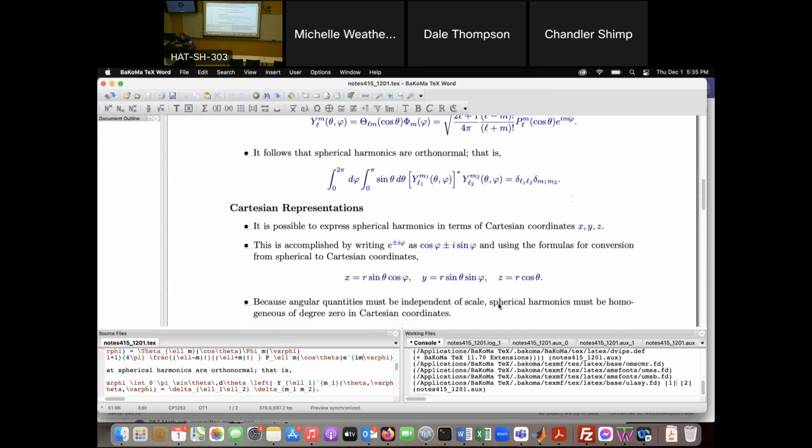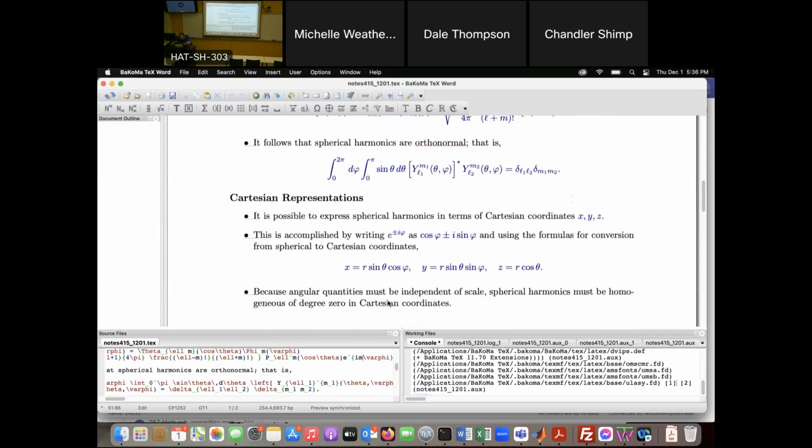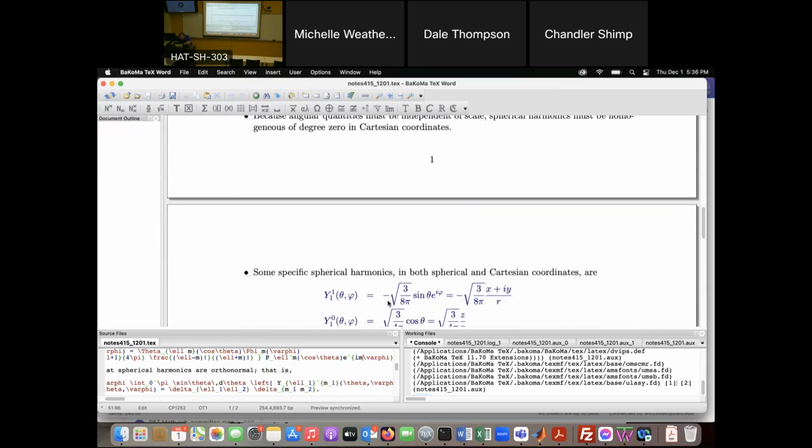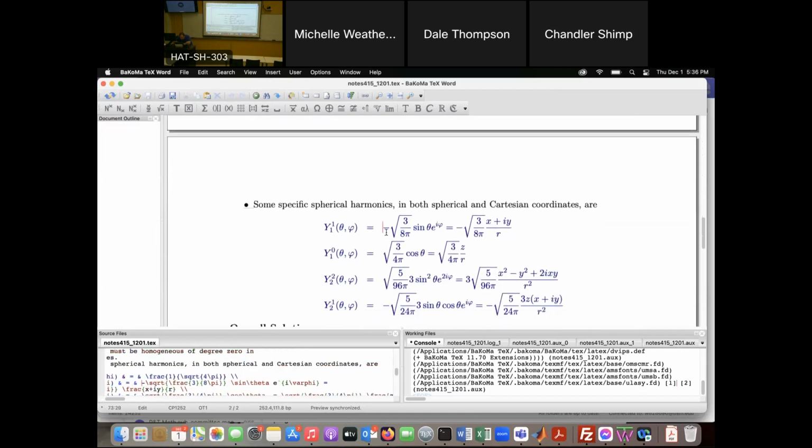Now, these spherical harmonics, expressed in terms of x, y, and z, must be what's called homogeneous of degree 0. Another way of putting it is if you add up the degrees of x, y, and z, in the numerator and denominator, they must be the same. To show you what I mean by that, here are a few examples of specific spherical harmonics.